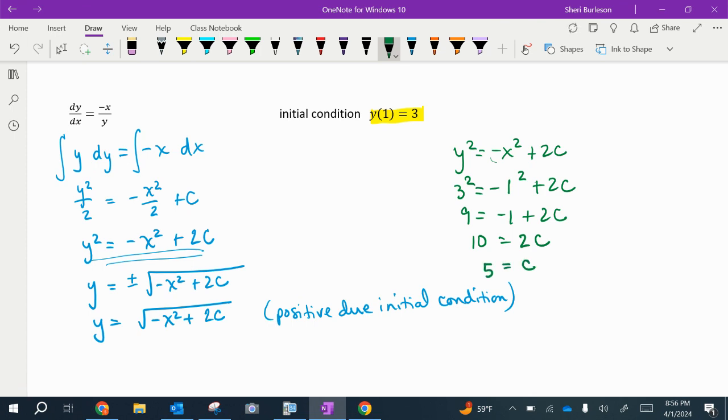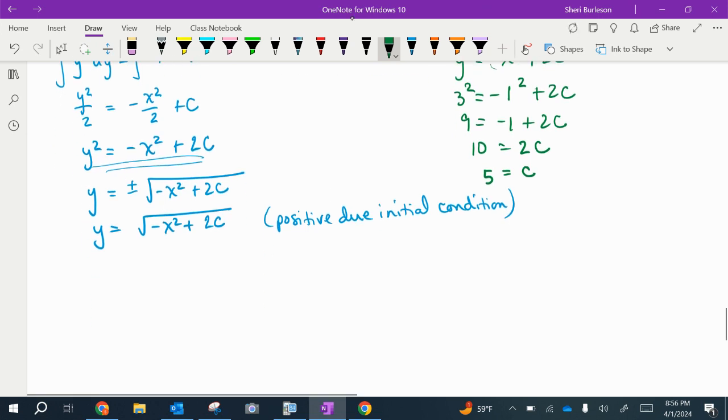Now, a lot of kids are going to, because you're good math students, solve for c, and we get that the constant is 5. But in my particular solution, y equals the square root of negative x squared plus, that's my constant that I'm replacing. I could have stopped here and replaced it with the 10.